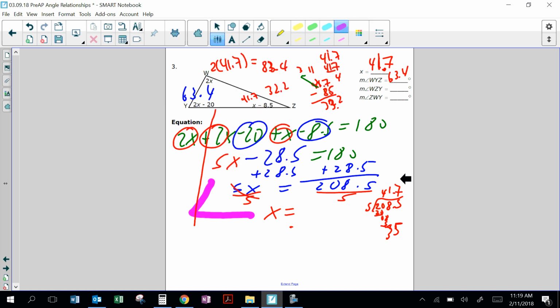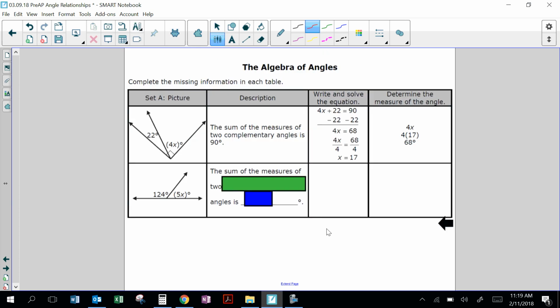WZ, is this 32 and 2 tenths? What is left? The 83.4. And it should add up to 180. Proving it with the calculator. Again, you can look at the middle letter and it tells you which angle. So that's how you find the interior angles.